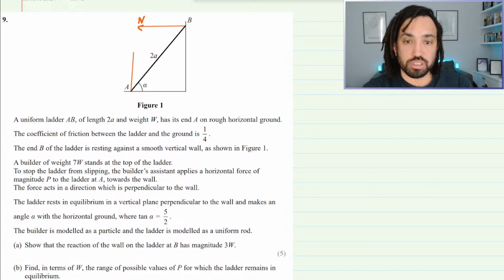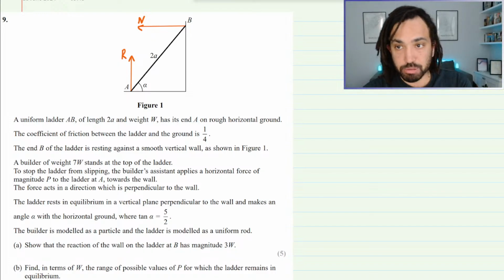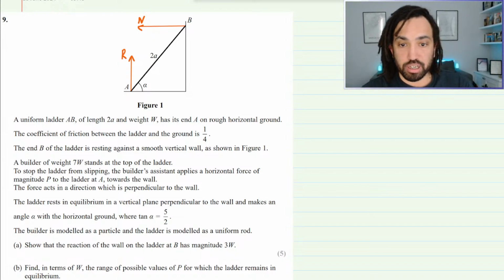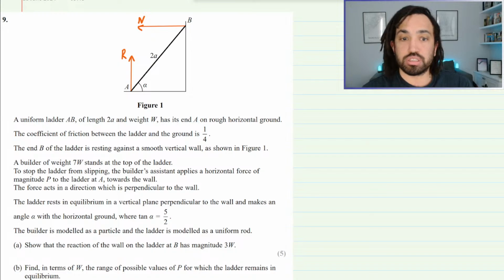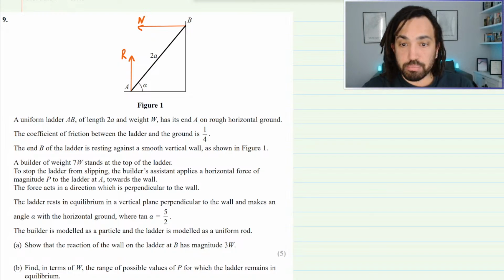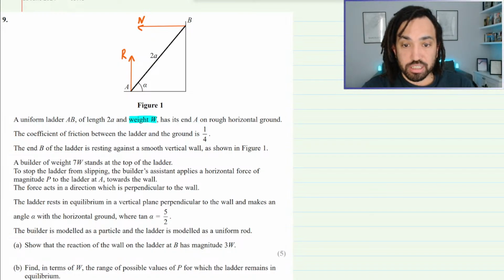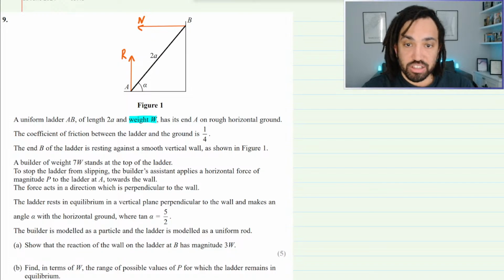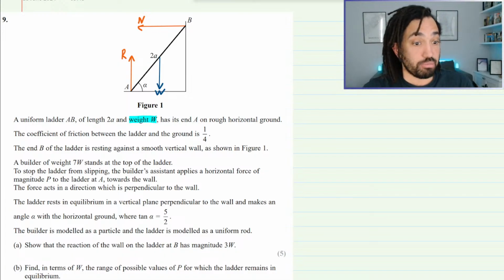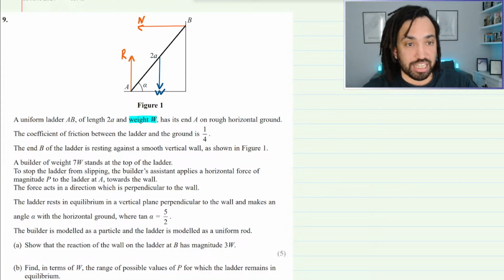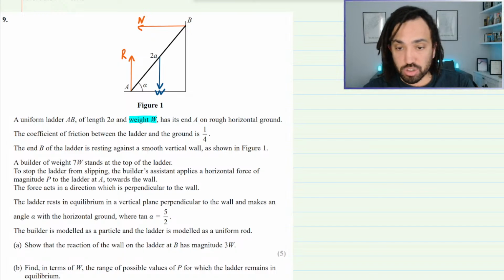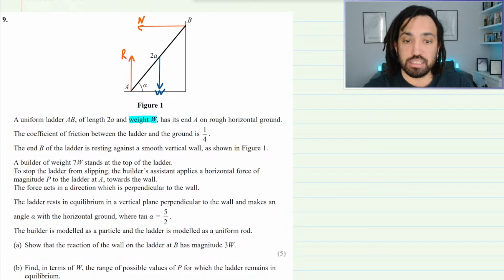Got to draw on all your forces, guys. Draw them on nice as well. It should be like a Picasso. It should be beautiful. Okay, what else we got going on here? We have got the weight, which is just W. So that comes out like this, and I'm just going to call that W, because we don't need to times it by G, because that's not the mass, this is the weight, so only times it by G if we have the mass.